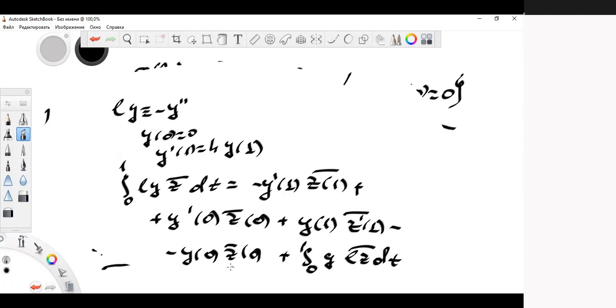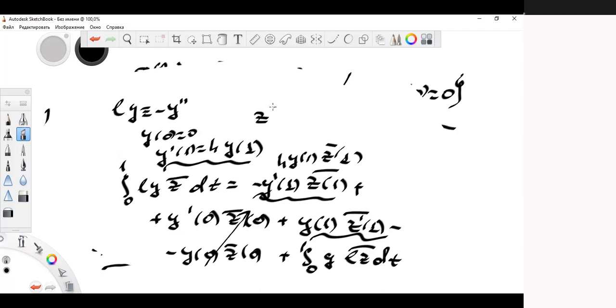Okay, y0 z0 makes those two terms zero. About the boundary condition when h is real, from here you see that instead of y prime 1, you might put h y1, and z1. Same thing here, because when you pass to conjugates, z and y are from the domain of definition, z of 1.